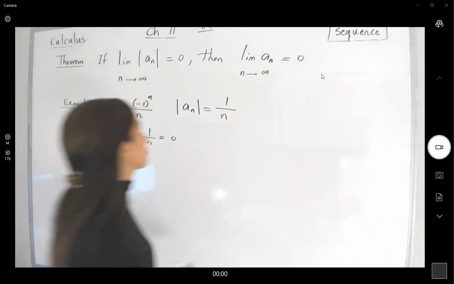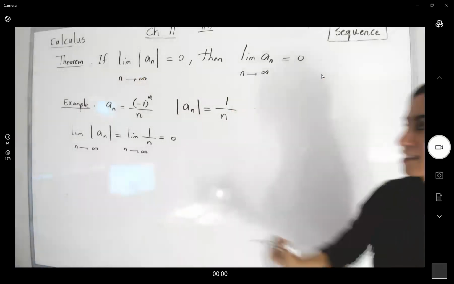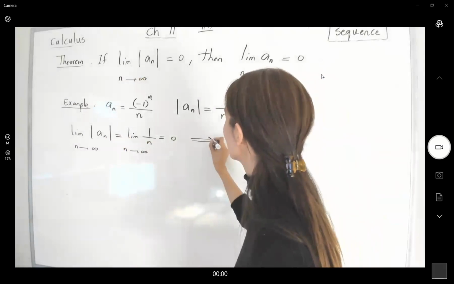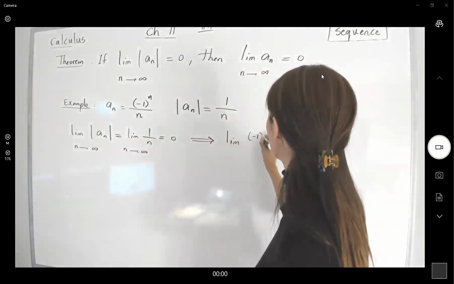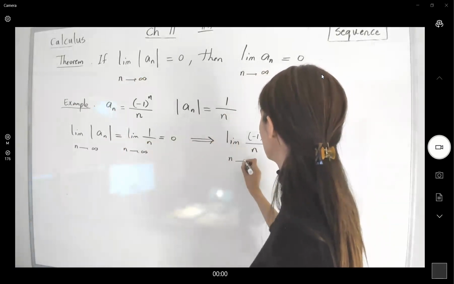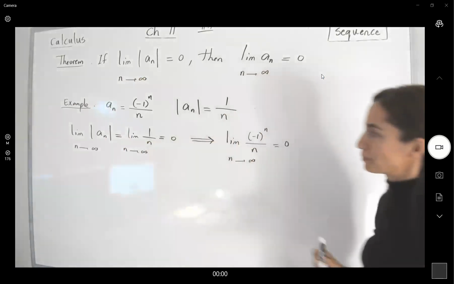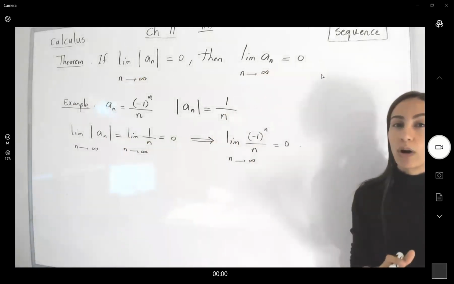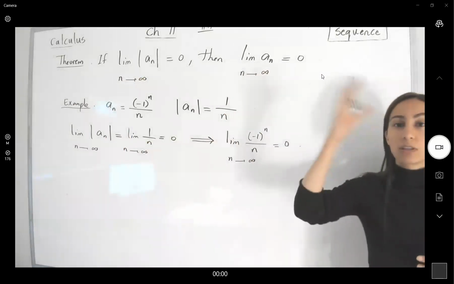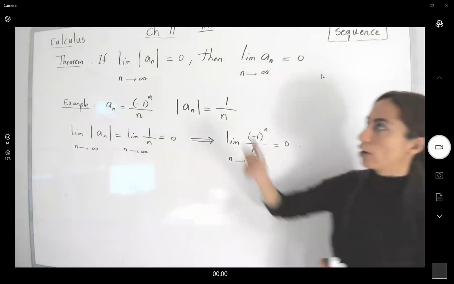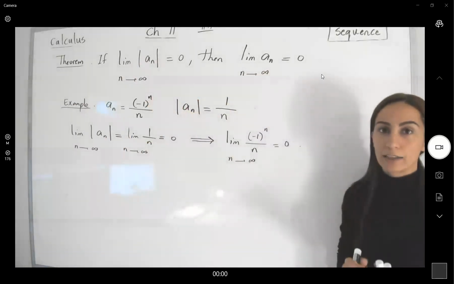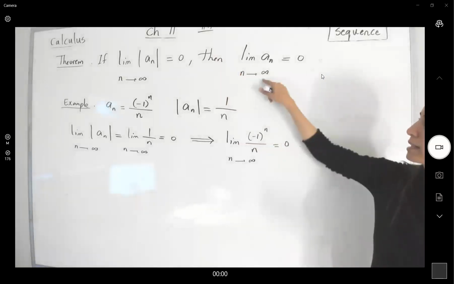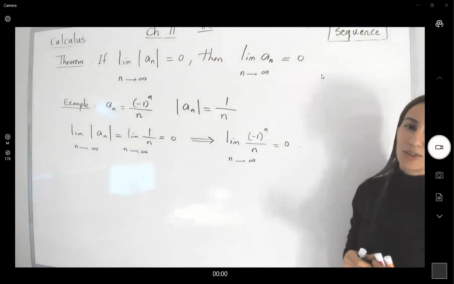Since the limit of the absolute value is 0, I can quickly conclude that the limit of negative 1 to the power n divided by n is also 0. So when you're dealing with sequences that have negative 1 to some exponent, first find the limit of their absolute values. If the limit of the absolute value is 0, then you can quickly conclude that the limit of your sequence is also 0.